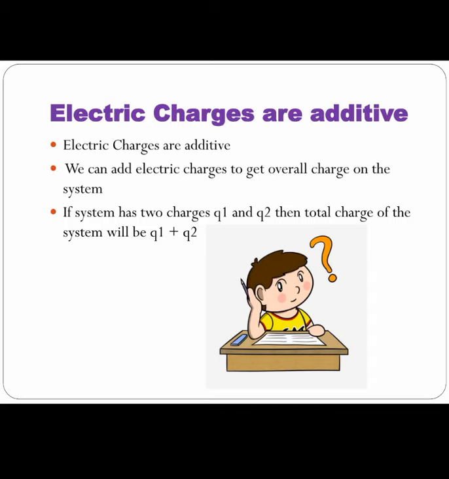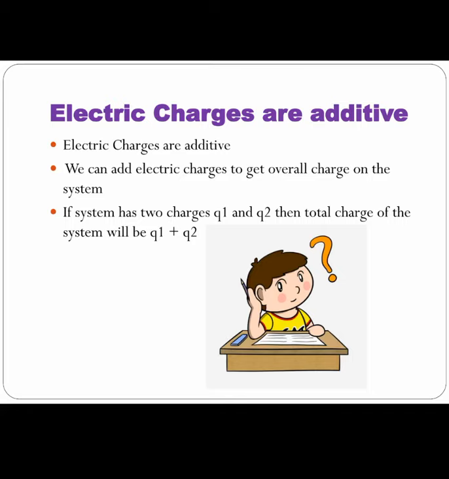Let us take an example. If a system contains four charges, Q1 equal to plus 2 coulomb, Q2 equal to plus 3 coulomb, Q3 equal to minus 3 coulomb, Q4 equal to plus 4 coulomb, then what is the total charge of the system? Q equals Q1 plus Q2 plus Q3 plus Q4.